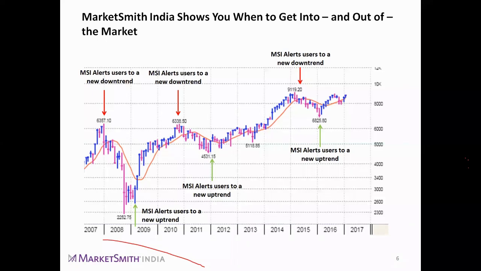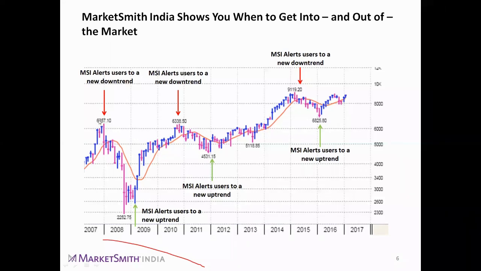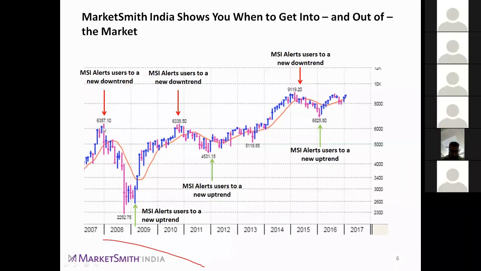For the timing, let's just focus on this chart. This is another inflection point where we gave a signal to our users that the market is going into a rally, and we should start buying stocks. What I mean to say is, this is the point which was one of the inflection points for the market going into correction.